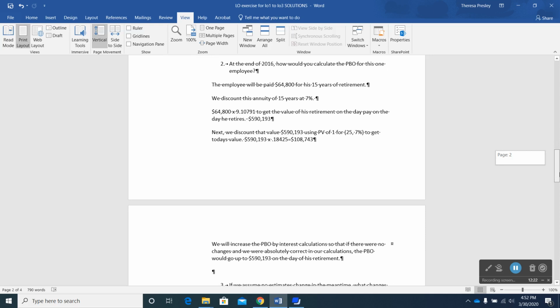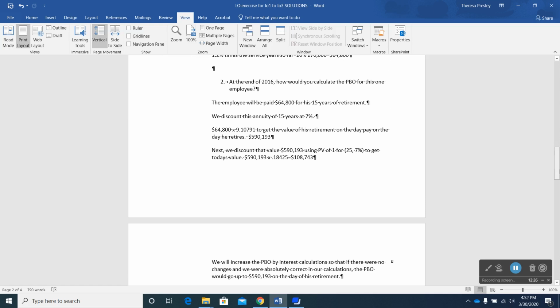Now, what will happen is if there were absolutely no changes, which is just really ridiculous to assume, but if there were no changes, we kept the same employees and everything, we had like a crystal ball and everything was perfect in our calculations, we would get a PBO at the end at this retirement date for this particular employee, or for all our employees for that matter, based on the value at the date of retirement.